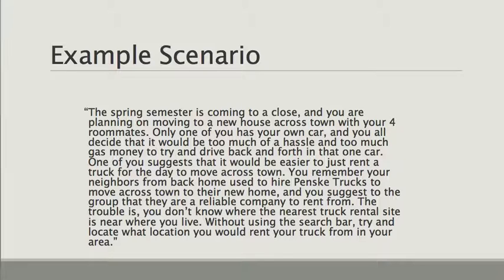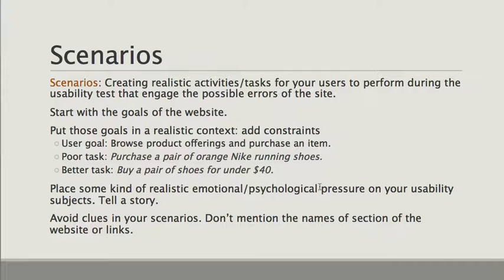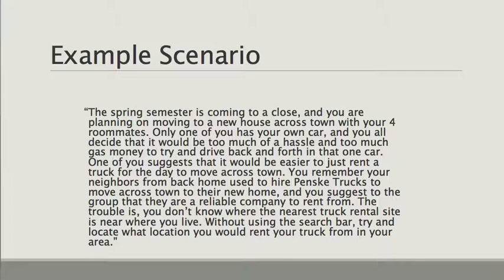So notice how this scenario gives context. It creates that emotional or psychological pressure. They're moving, they're talking their friends into hiring this. So this is what we mean by emotional or psychological pressure: we're not actually putting pressure on the user as they're doing the test, but we're creating kind of a constraint there.